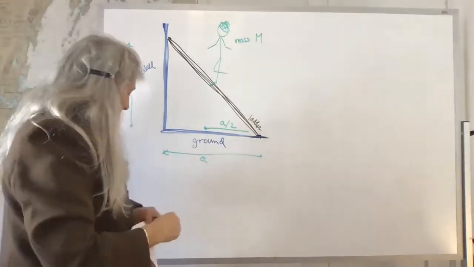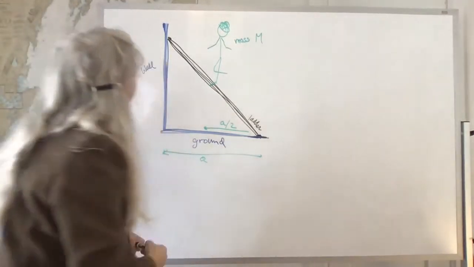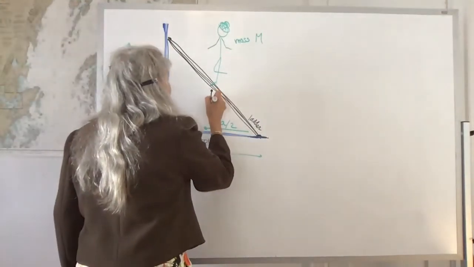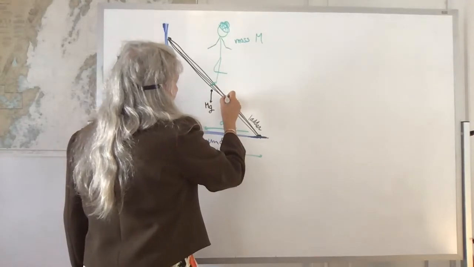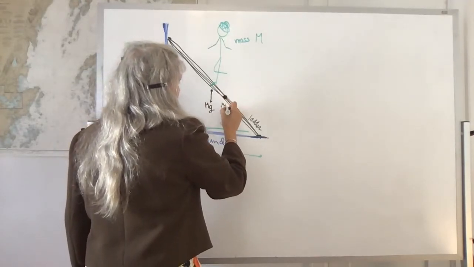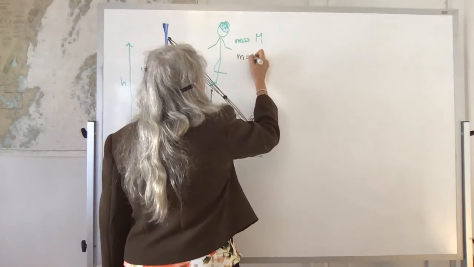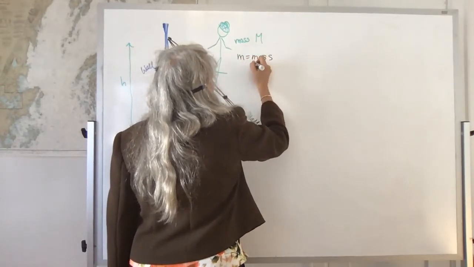And now we need a center mass. We need to worry about, so this is mg here. Then let's take the center mass of the ladder here. So m is the mass of the ladder.